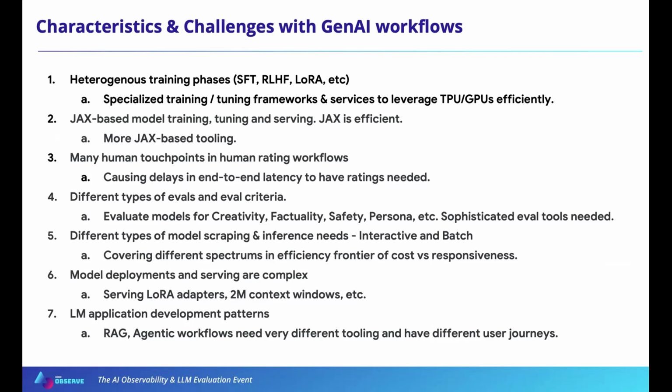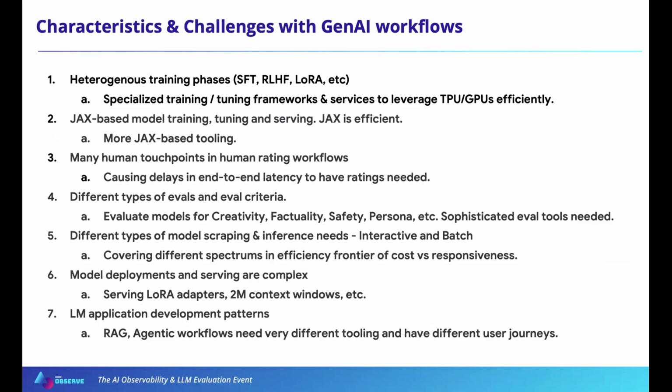So these are some challenges. The fourth one is around having different types of eval and eval criteria. We have to evaluate the model for creativity or factuality or safety, persona. All of that requires more sophisticated eval tools. And of course, there are plenty of talks covering some of the details around these eval tools.